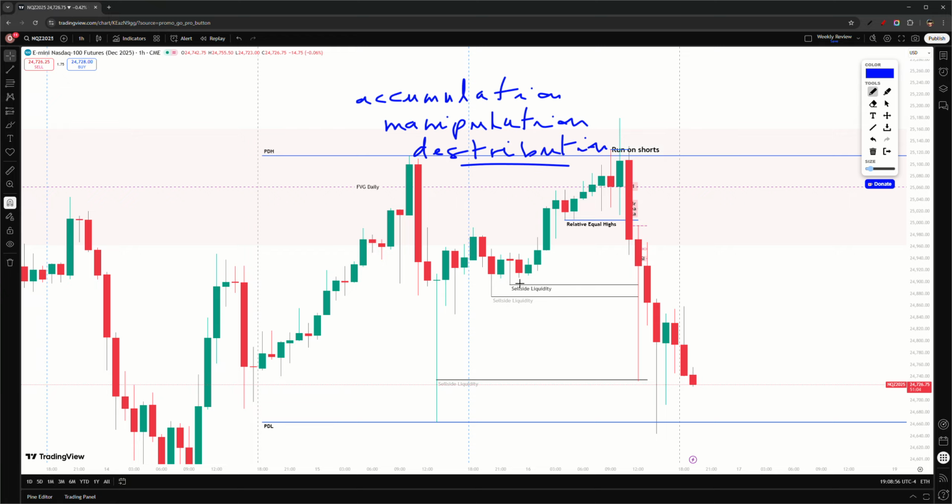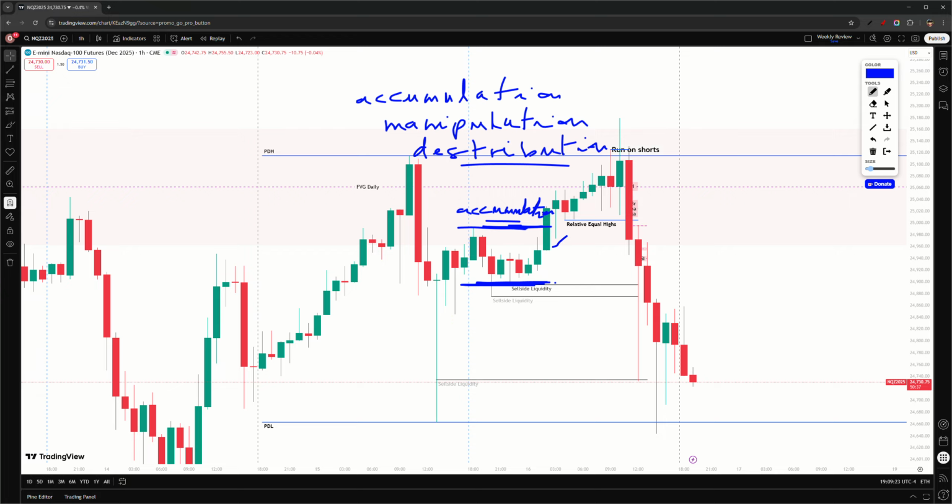Okay, so look at here. Look at here. This happened during the Asian and London sessions, and what you can see here is the first phase of power of three, which is accumulation, right?